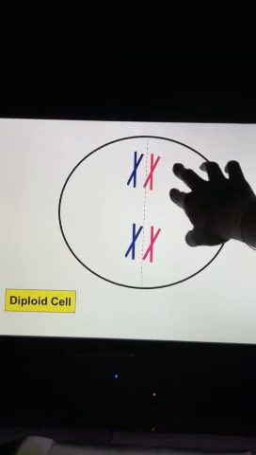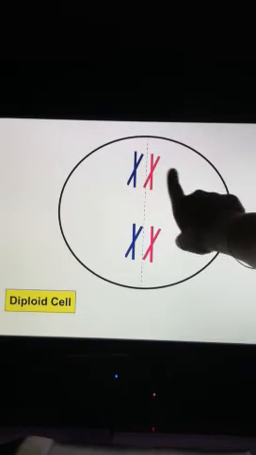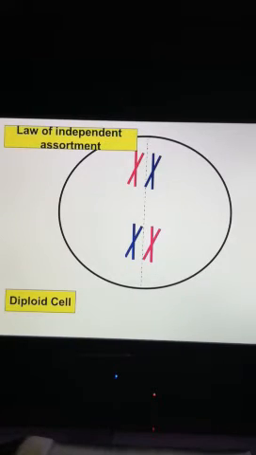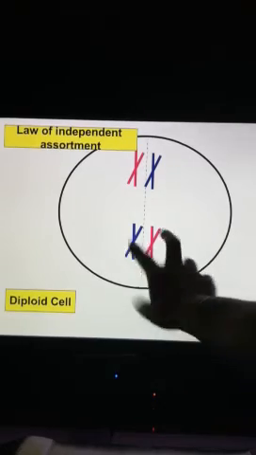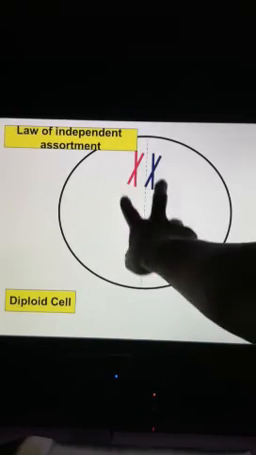This top one, for right now, has the paternal, or the dad's, chromosome on this side and the mom's one on this side, but very easily, likewise, it could be reversed. However, each pair lines up along the middle totally independent of the next one. For example, how these align is totally independent of how these align.